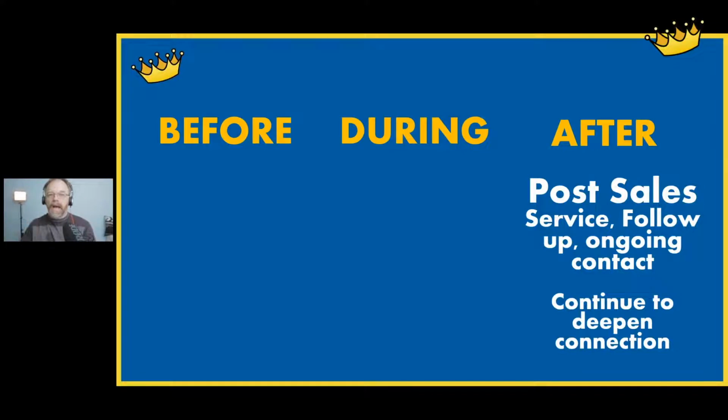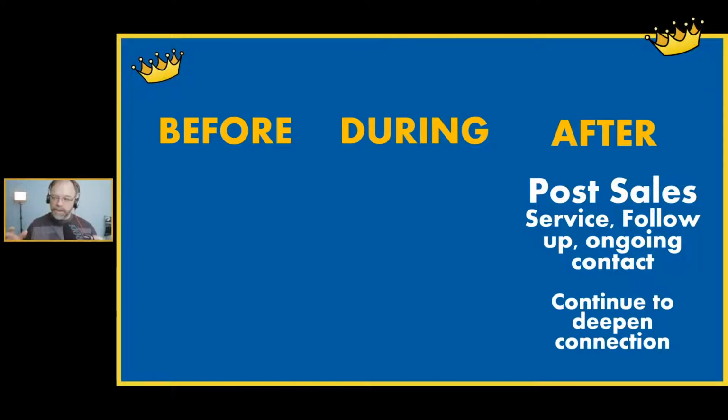No. The after unit is everything that happens after they've seen that show for me, after they've purchased the product for whatever it is that you sell, whether it's your art or some other product. So that is everything in the post sale. So that is the service, the follow-up service, the follow-up conversation that you have, the ongoing contact that you make with that customer, with that audience member.